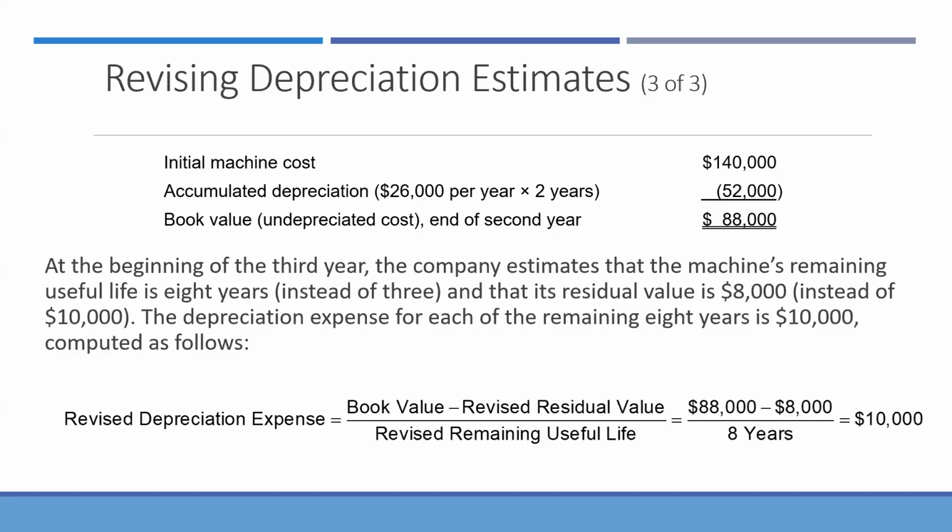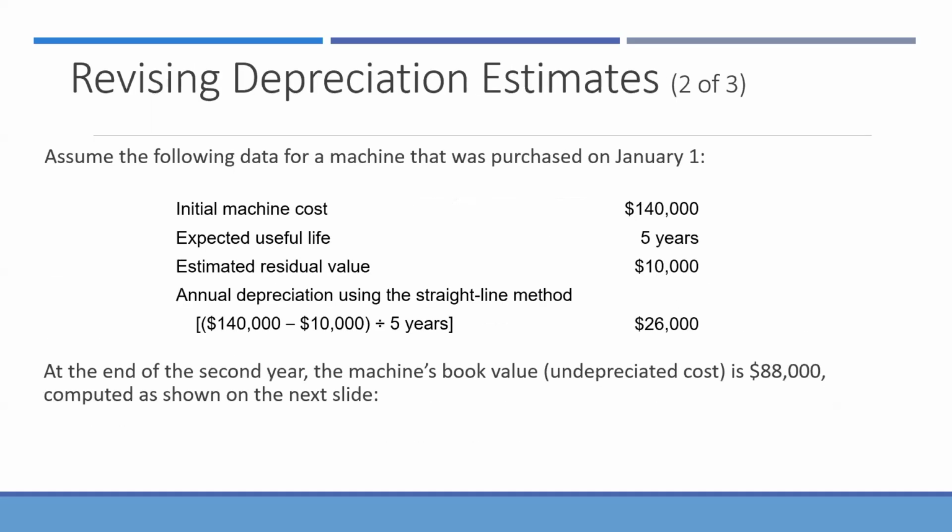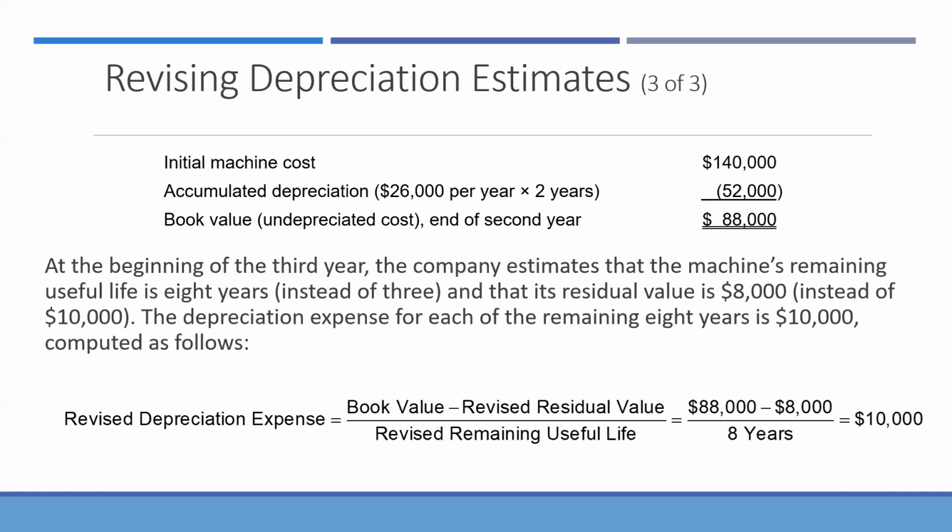So we had $26,000 over 2 years, we had 52,000 in depreciation. So that's our accumulated depreciation balance. And then we have our book value. And we initially estimated it at 5 years, but now we're estimating that the machine's remaining useful life is 8 years.